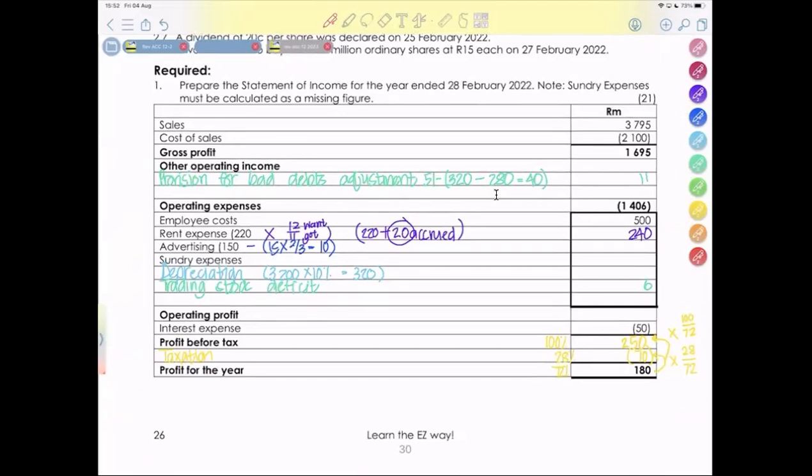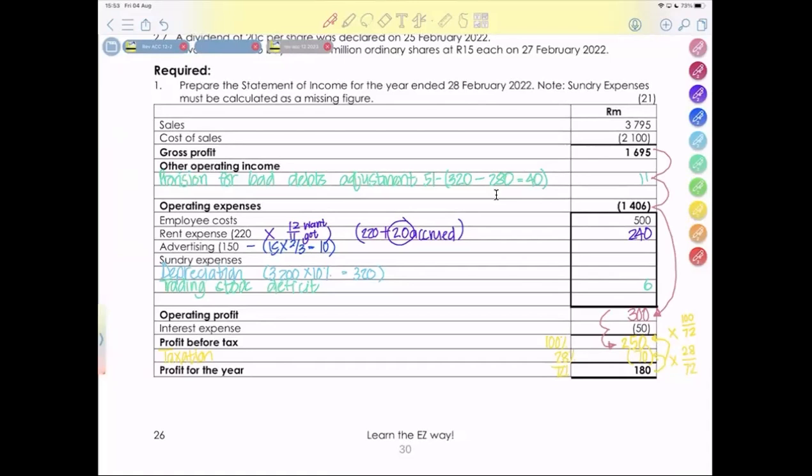The operating expenses is already given as 1,406, and you could then work out the operating profit as 300 from that, simply by going gross profit plus income minus expenses. You can then check that it works by seeing that 300 minus the 50 finance costs gives you the 250 that we had already worked out as the profit before tax.